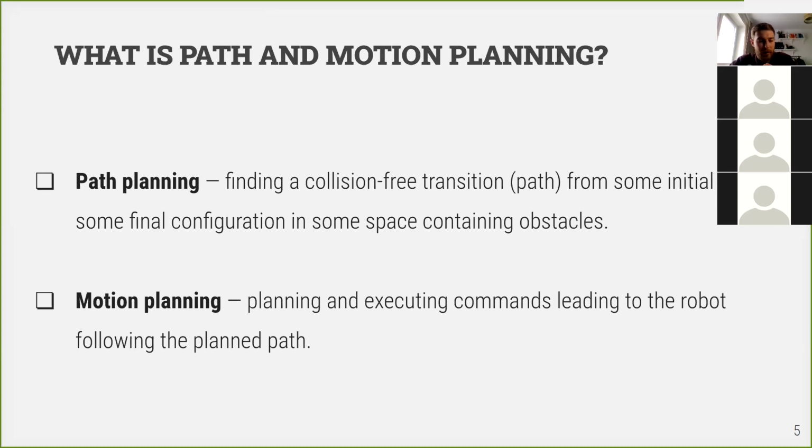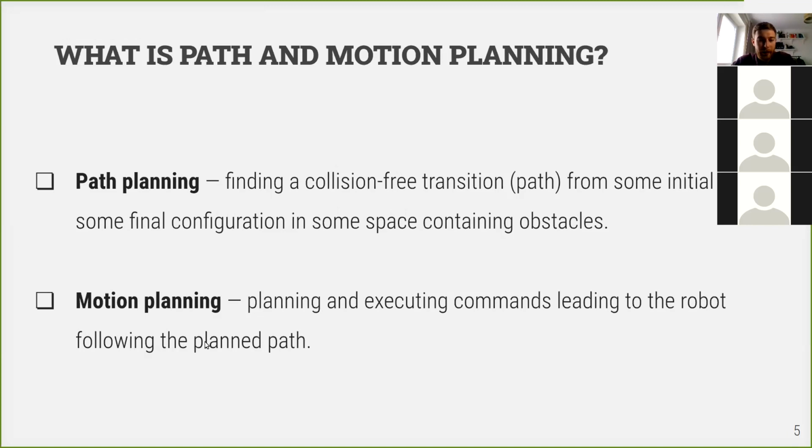So this definition is general, so it applies to any type of robots, but we remember that for mobile robots, usually by configuration we mean pose on a plane. Then we are trying to find a collision-free transition or path. Of course, there are some obstacles in our environment, and we don't want to collide with them, to hit them. That's why we're trying to find a collision-free path.